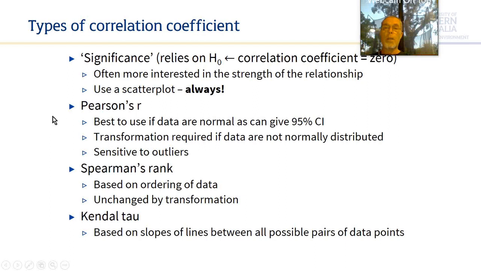We need to have normally distributed variables to calculate Pearson's correlation coefficient, and sometimes, as we've seen already, we don't have normally distributed data, so we need to use another type of correlation, and that might be Spearman's, which we'll use in this unit, or there are some others as well, like Kendall's tau coefficient, which are based on ranking, and don't depend on the distribution of the data of the variables that we're looking at.